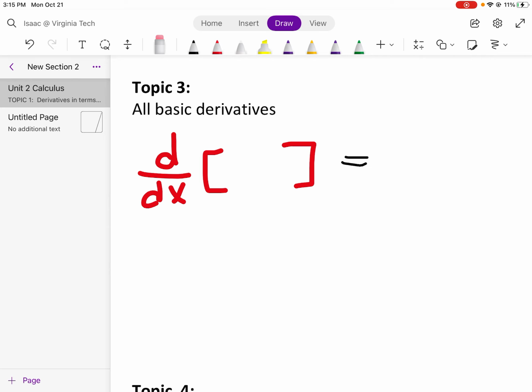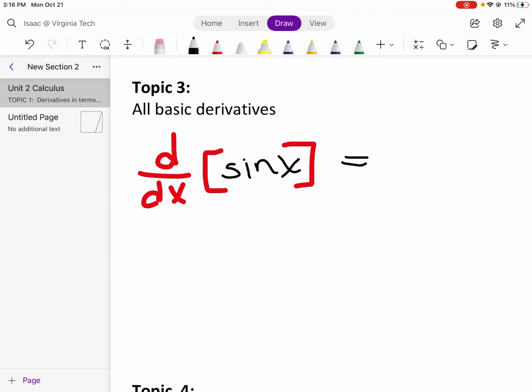All right, and now we get into our trigonometric ones. These are going to be kind of annoying, but you just have to memorize them, unfortunately. If we have sine of x, just remember there are 6: sine, cosine, tangent, and then the inverses of those, cosecant, secant, cotangent.